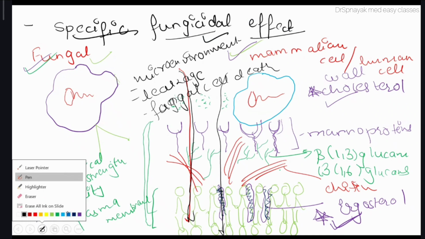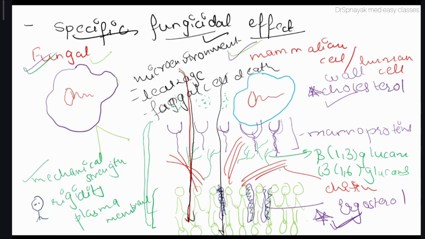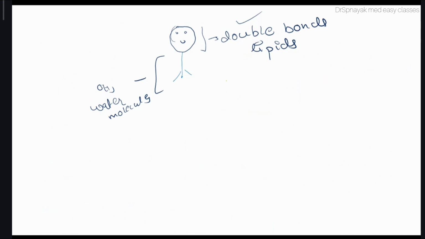Now, apart from binding with the ergosterol, which is the sterol present in the plasma membrane of the fungi, amphotericin B also has an affinity for cholesterol. As ergosterol in the fungal cell membrane maintains integrity, cholesterol, which is a sterol present in the plasma membrane of the human cell, has the same function.